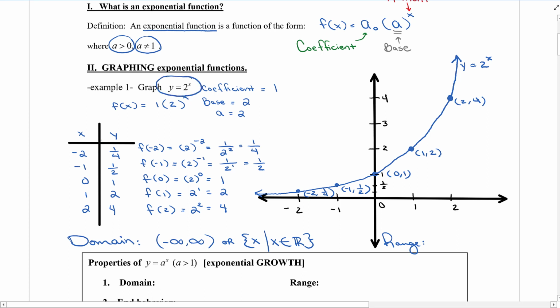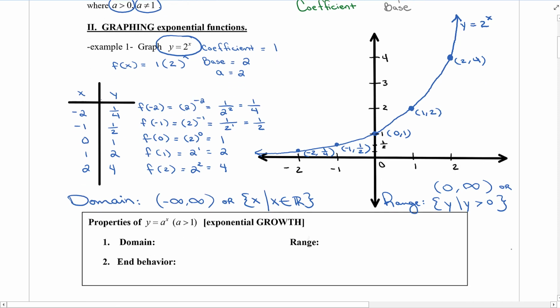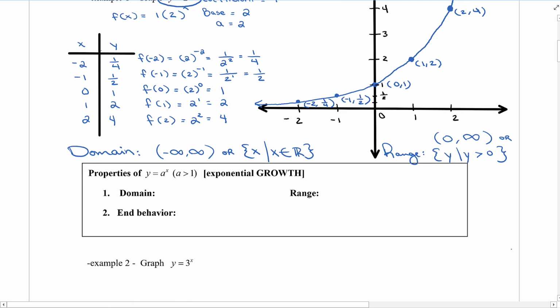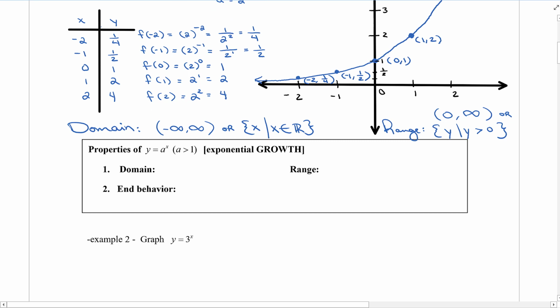I've circled the function y equals 2 raised to the x power because remember there was a plus 0 at the end of that exponential function, so there was a horizontal asymptote. This function cannot go below the x-axis, so the range is going to be the open interval from 0 to infinity, or the set of all y such that y is strictly greater than 0.